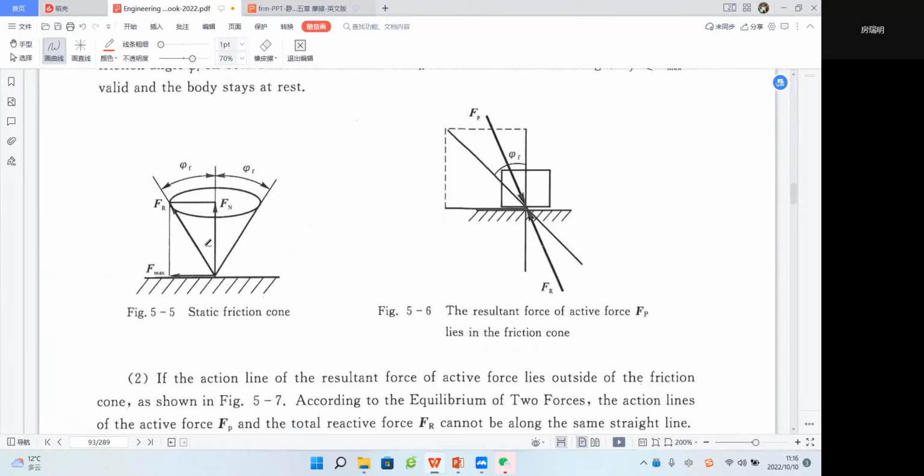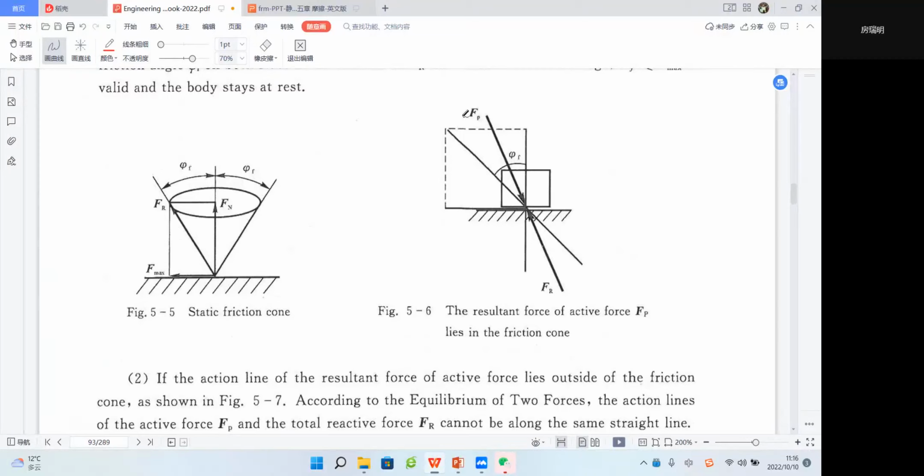That means this is the friction angle, right? If we talk about the intersect angle between Fr and Fn, phi f is the biggest angle it can be, right? So please pay attention to my current explanation.